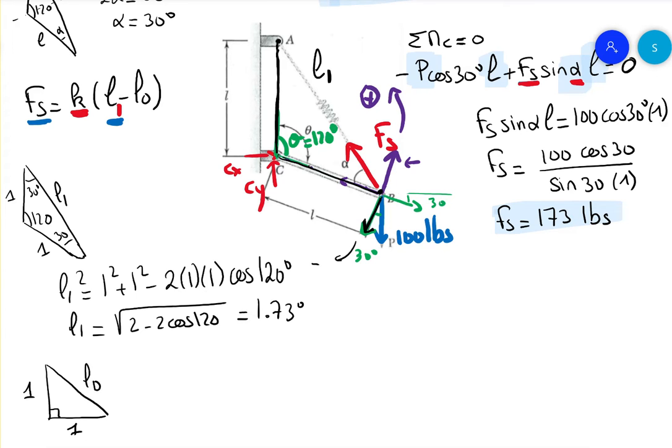So that's the hypotenuse of half of a square, a little isosceles right triangle. So L naught squared equals 1 squared plus 1 squared, the Pythagorean theorem. So L naught is equal to the square root of 2. That's 1.41.